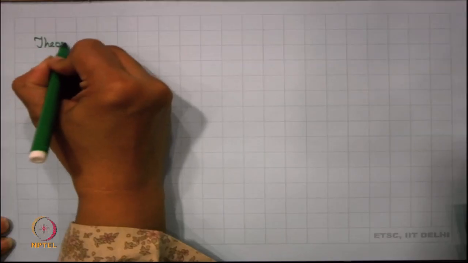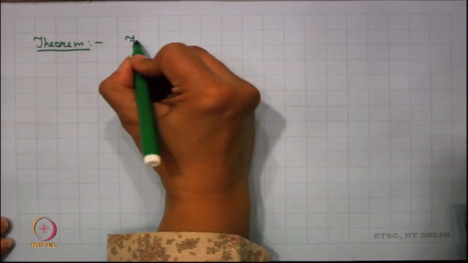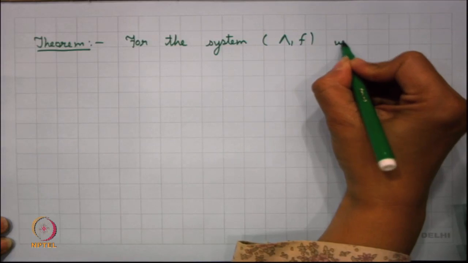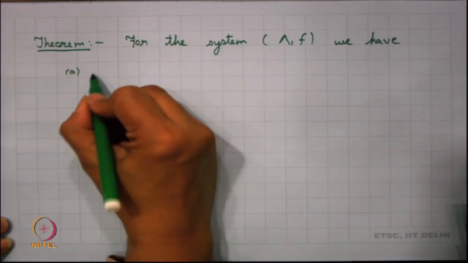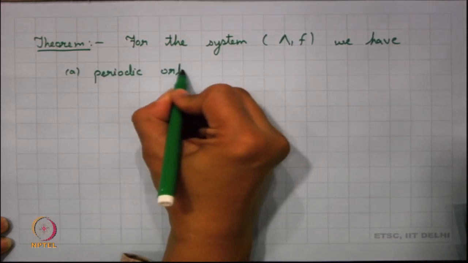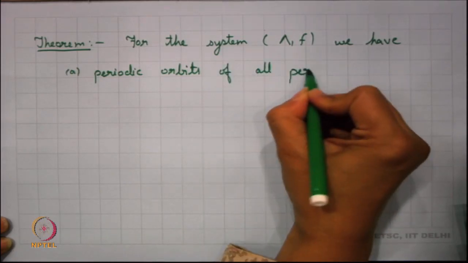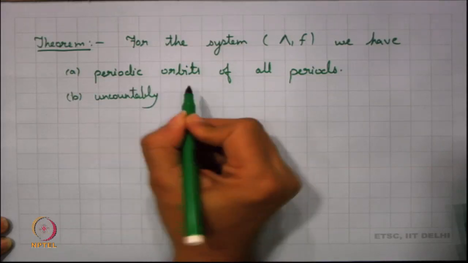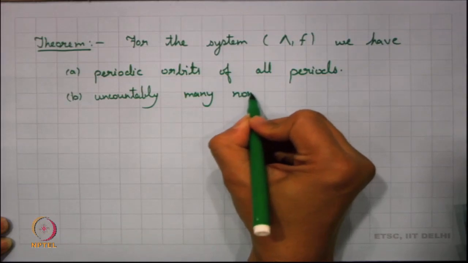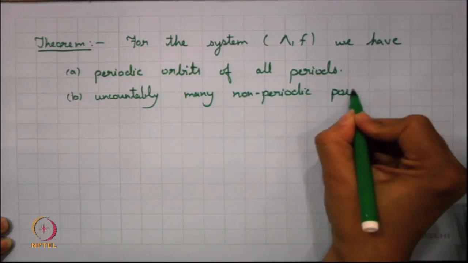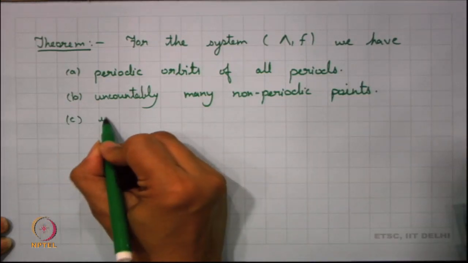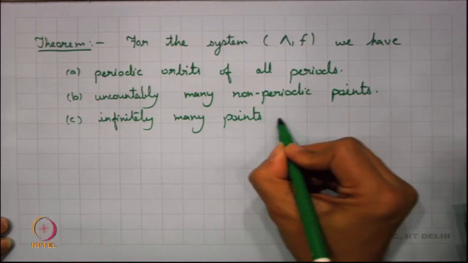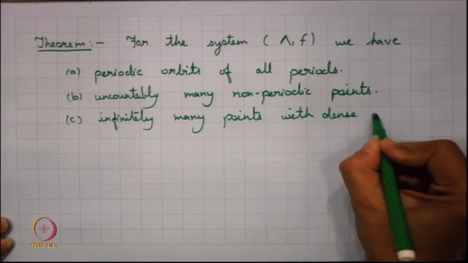What we conclude here is, for the system, that means for the horseshoe attractor, we have periodic orbits of all periods, uncountably many non-periodic points, and infinitely many points with dense orbits.